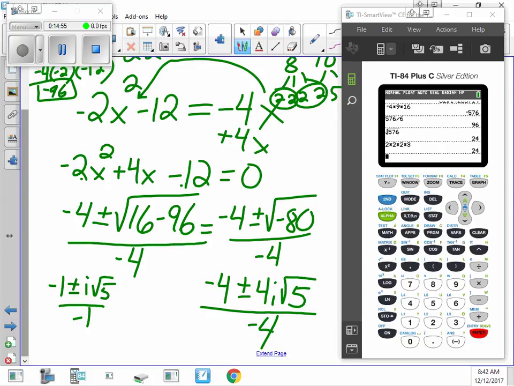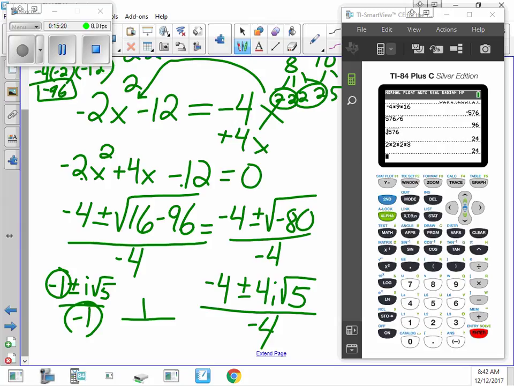But I don't like how that looks. Can I do something to fix that? Take out a negative. Okay? If I take a negative out of this, what do I get? 1. If I take a negative out of that, what do I get? 1.